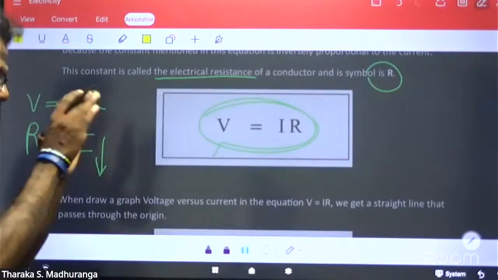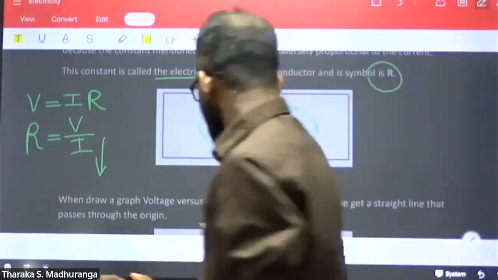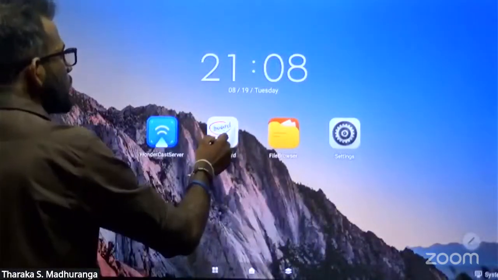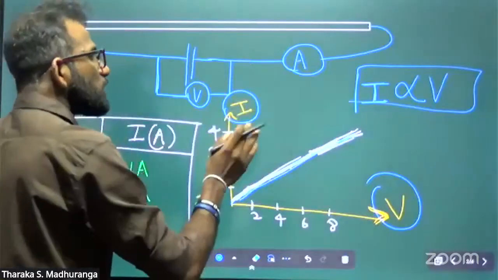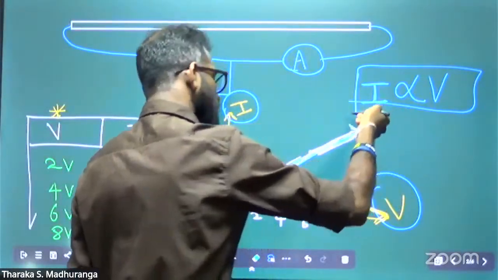Okay, now a very, very important point. According to our relationship, we have the equation V equals IR.